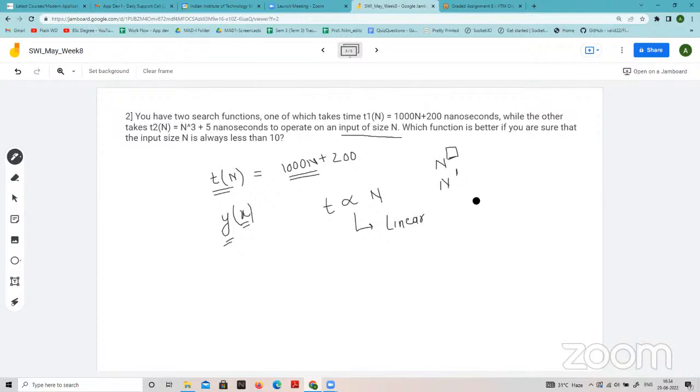Why linear? Because this function satisfies the equation of a straight line. Those who don't know it, the equation of a straight line is y equals mx plus c. The y will change with respect to x with this slope.